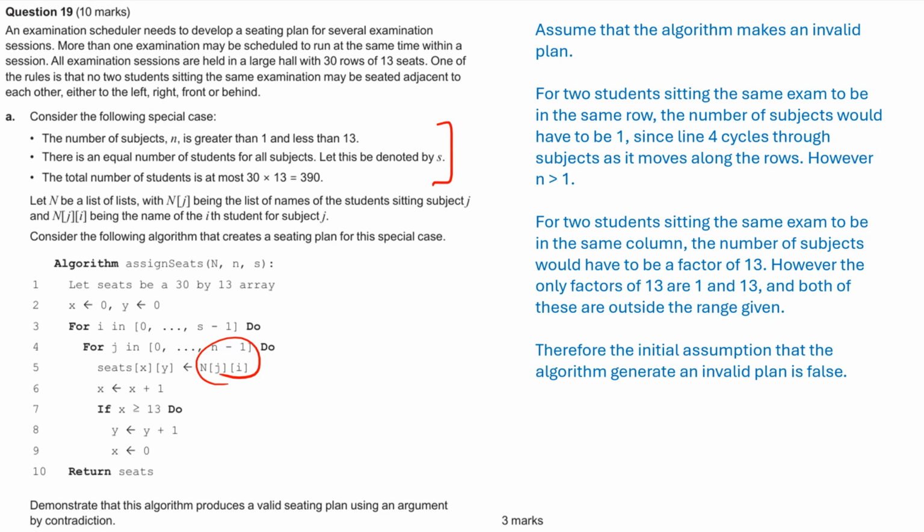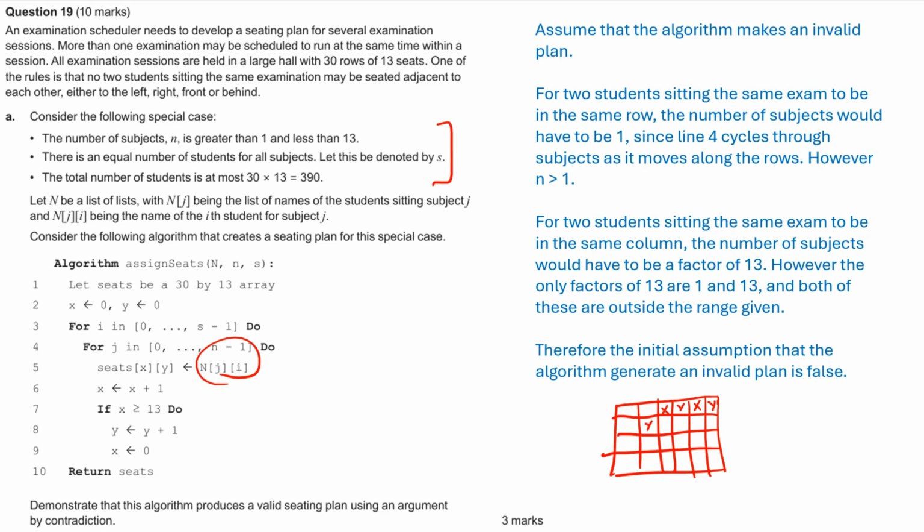Now, this is a bit sneaky. Imagine the row was 6 large. Okay, this is our row of things. And then our subjects are going to be, let's say we had 2 different subjects, like X, Y, X, Y, X, Y. Now you can see we are going to get people seated behind each other.